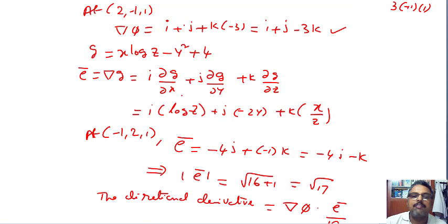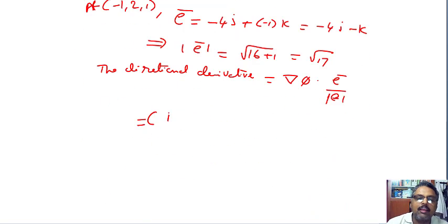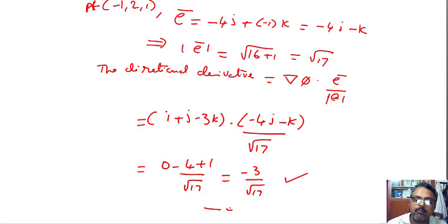Already known: del phi equals i plus j minus 3k. i plus j minus 3k dot e bar, which is minus 4j minus k, by root 17. Now simplification: 1 into 0 is 0, 1 into minus 4 is minus 4, minus 3 into minus 1 is plus 3, so minus 1 by root 17. That is the required directional derivative.